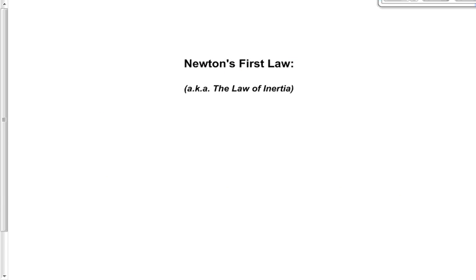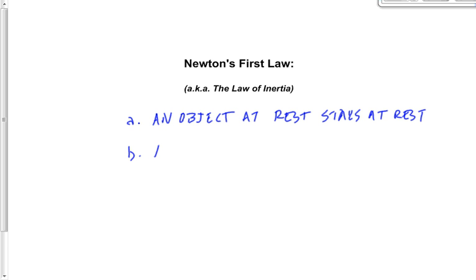Finally, Newton's first law, otherwise known as the law of inertia. There's two aspects to Newton's first law. First one says an object at rest. What's it going to do? Stays at rest. Second part is an object in motion.